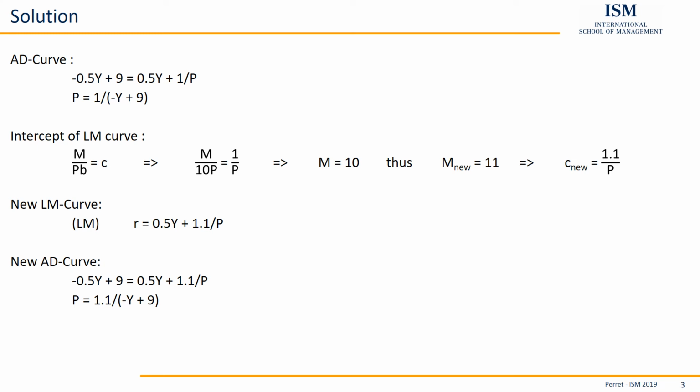Yes, but we can argue that for the same Y, we now have a higher P. So same Y, higher P, meaning the AD curve shifts upward. If it shifts upward, this would mean we have a rightwards movement of the AD curve. So an increase in the money supply leads to a rightward move of the AD curve.